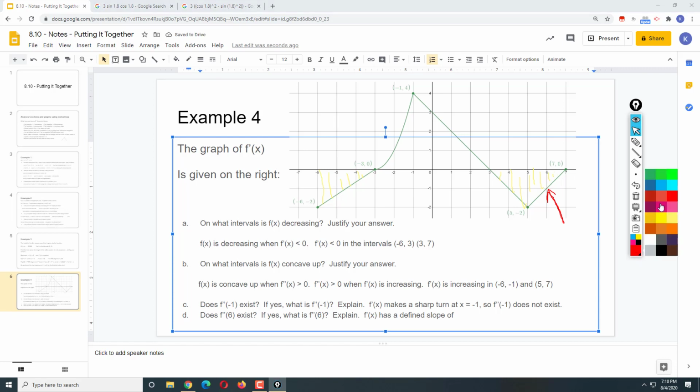Well, the line is going up 2 and going to the right 2. So the slope must be 2 over 2, which is 1. So the first derivative has a defined slope of 1 at x equals 6. So our second derivative at x equals 6 is just 1, because the second derivative is just the slope of the first derivative. Okay, that's it.